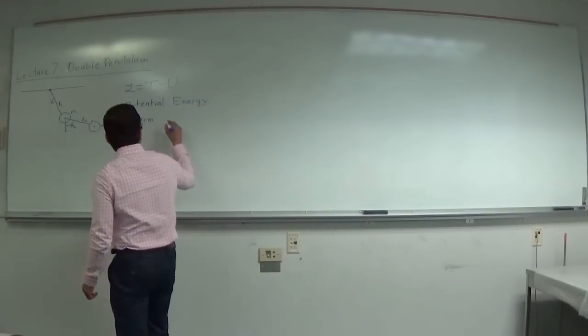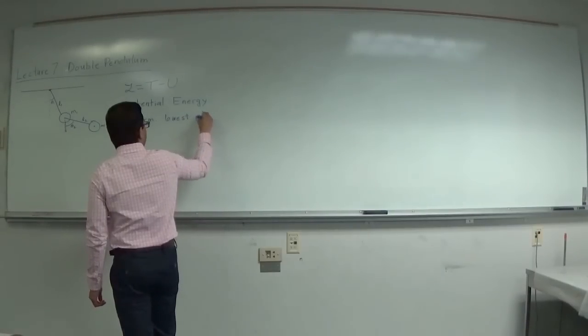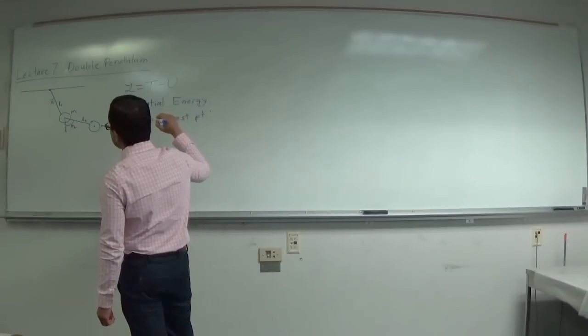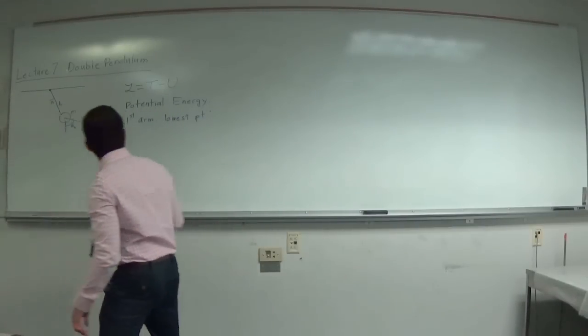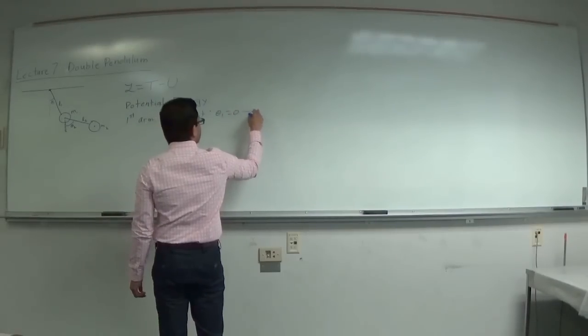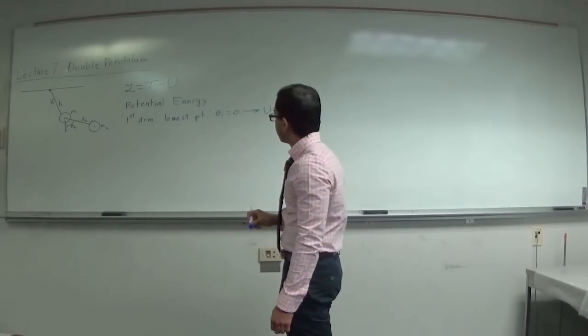So at the lowest point, theta 1 is 0 there, right? So at the lowest point, U is going to be 0.